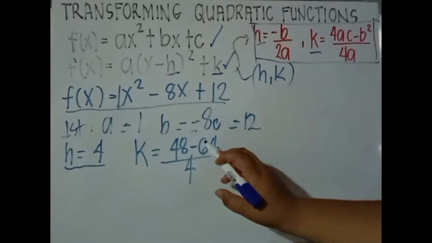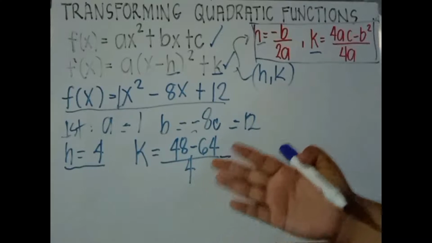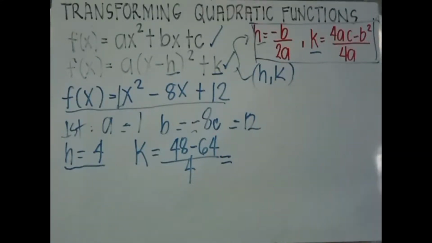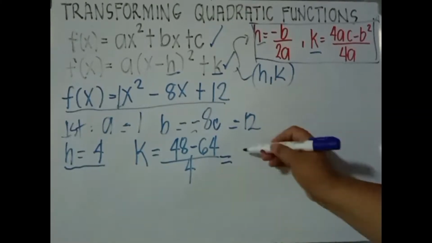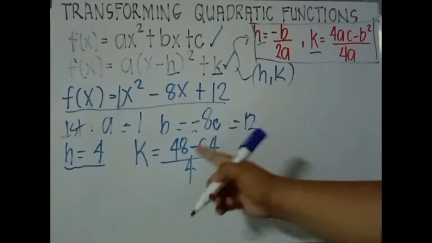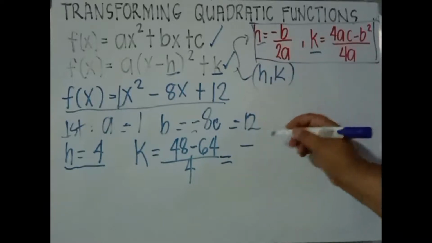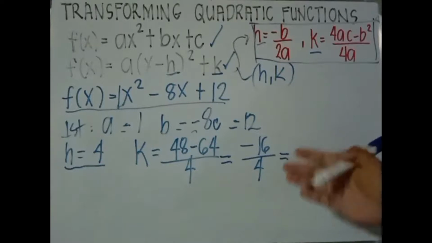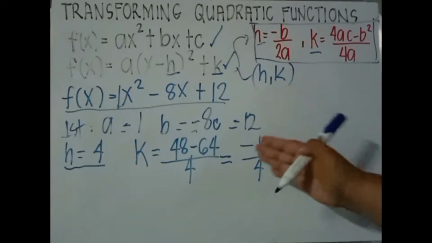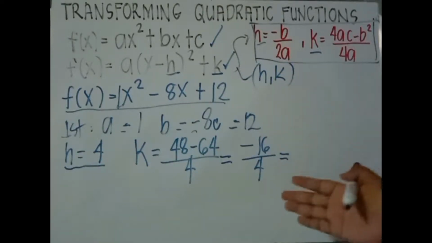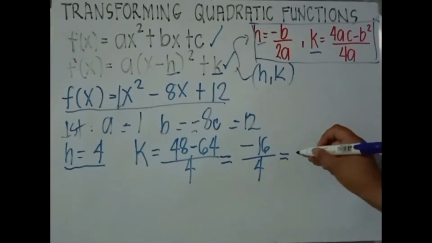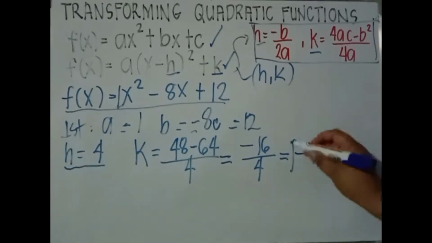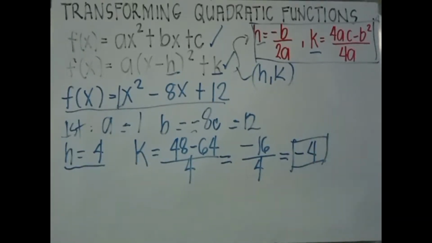As you can see, you are subtracting a bigger number from a smaller number, so definitely your answer will be negative. 48 minus 64 gives you negative 16 all over 4. Simplifying this further, negative 16 over 4 is the same as negative 16 divided by 4. That is actually negative 4, by the integer rule. So our k is negative 4.